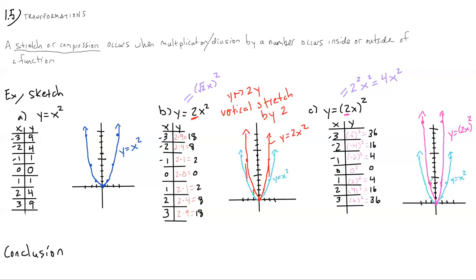And then what we're actually going to see here is that everything's horizontally cut in half. So what we're actually getting is a compression horizontally, which means the x values. And by a half, all of the x values are getting cut in half. So we have a horizontal compression.